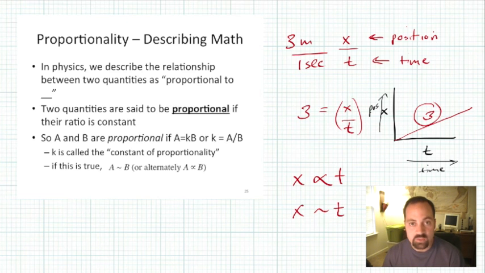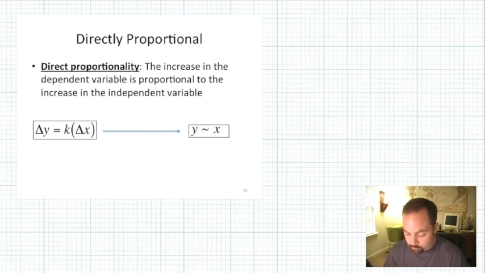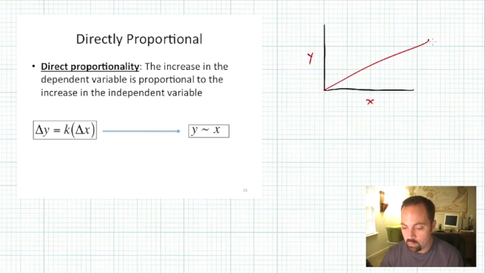So let's look at a few different kinds of proportionalities. The first one I've been describing already, and that's a direct proportionality. It's like making a graph and saying that there's a slope. This is x, or our independent variable. This is y, our dependent variable, and the slope right here.